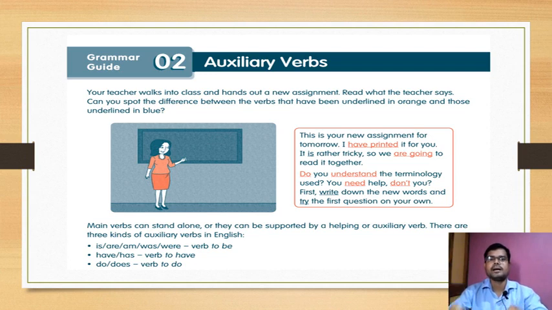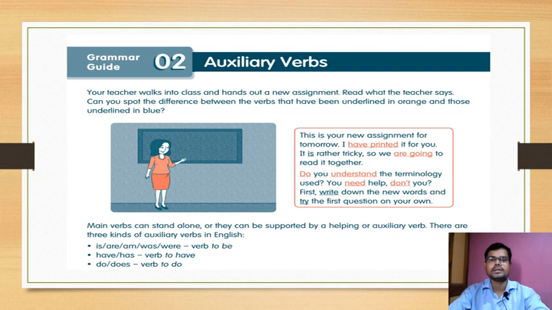Like, we are writing a story. We are writing a story means we all are writing a story. In this sentence, we is the subject and are is the verb, but this verb is not a main verb, because main verbs directly tell us about the action, what is actually happening or has happened.